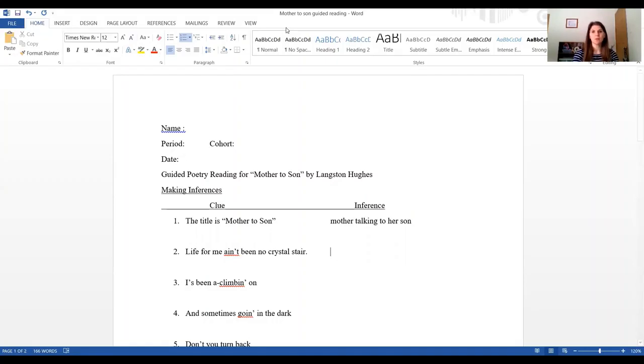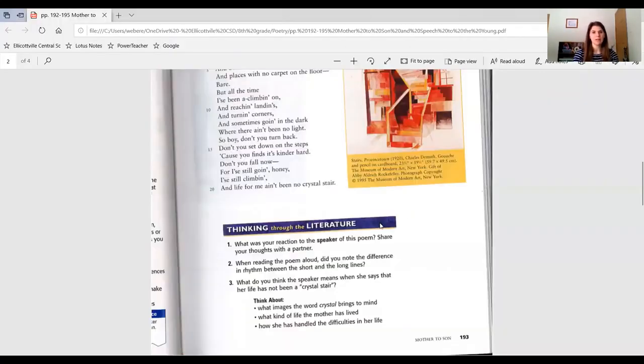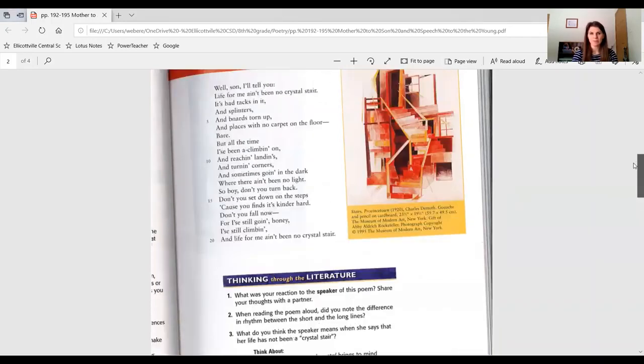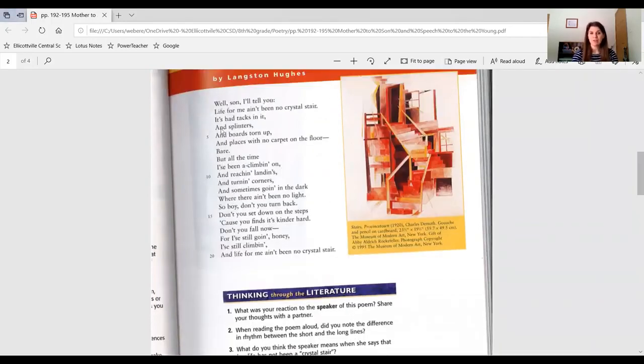So when we look at the poem itself, her staircase, right after it, I'll slide up a little bit here for you. Her staircase has tacks in it, splinters, boards torn up, places with no carpet on the floor, bare.